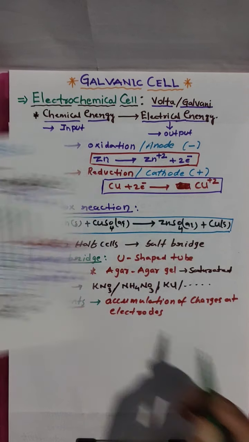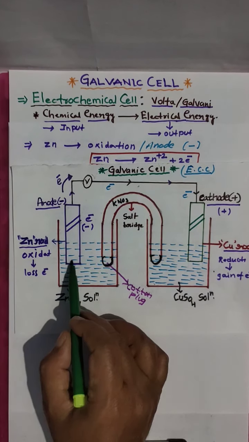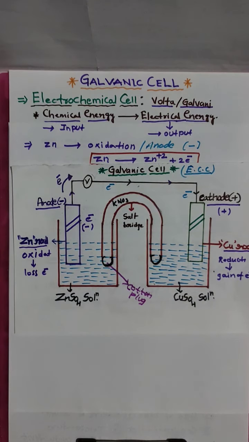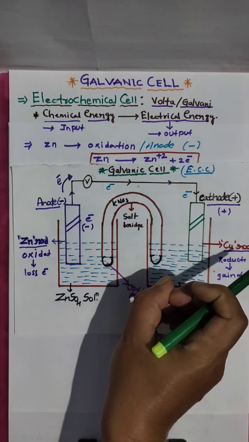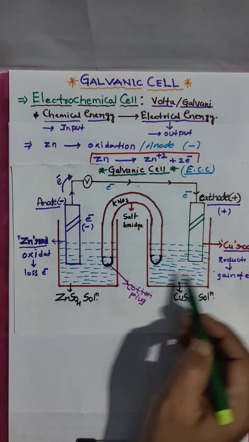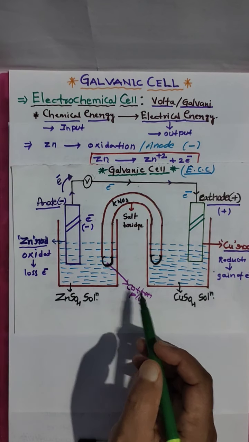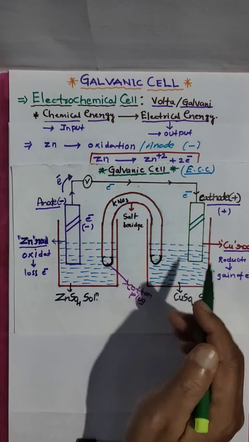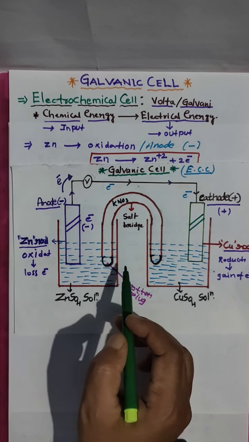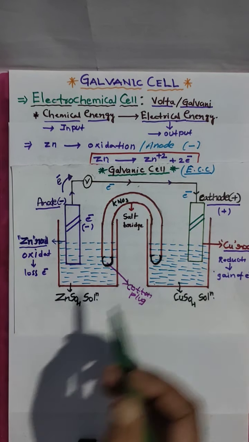See here, negative charge here, positive charge here. Charge accumulation means gathering together in one place. If the charges gather at the electrodes, further reaction will not take place.